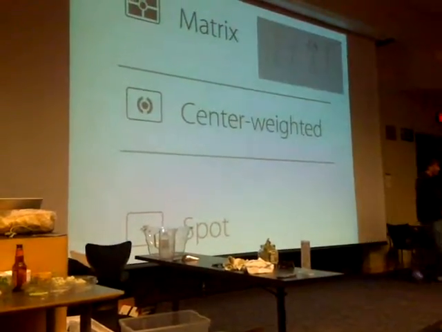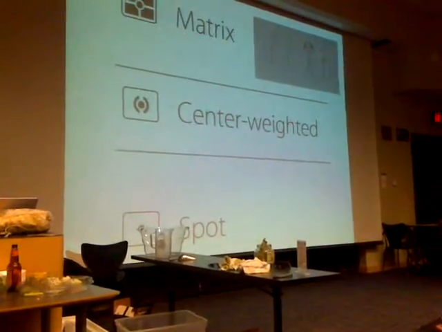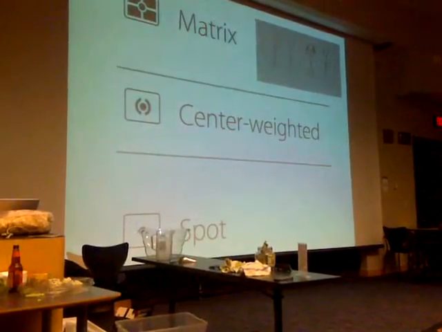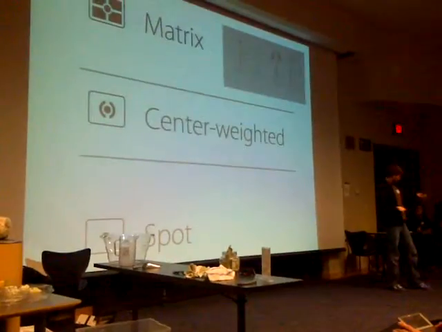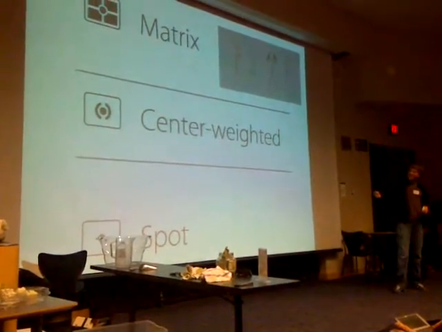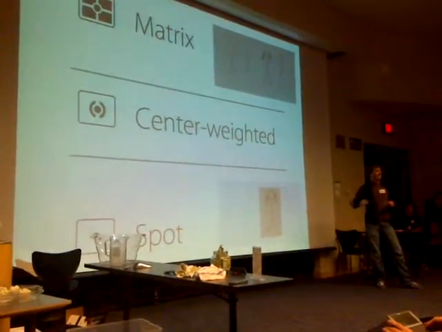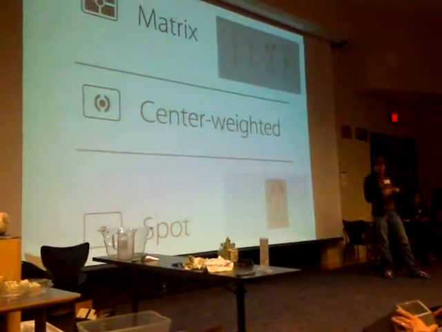Or am I going to talk to just the ladies? So the matrix would be, I need to make sure everything in the picture is exposed correctly. Whereas center weighted is just the ladies. Whereas then, spot metering, you single out Jody over here and say, how you doing? That's what those modes mean on your camera.